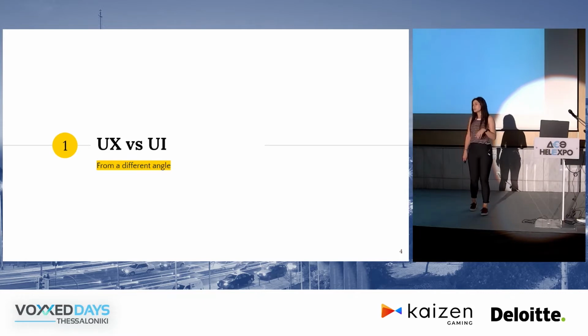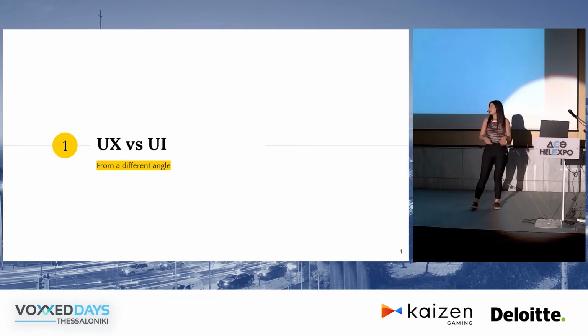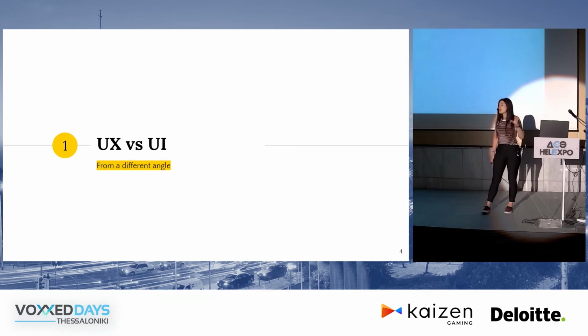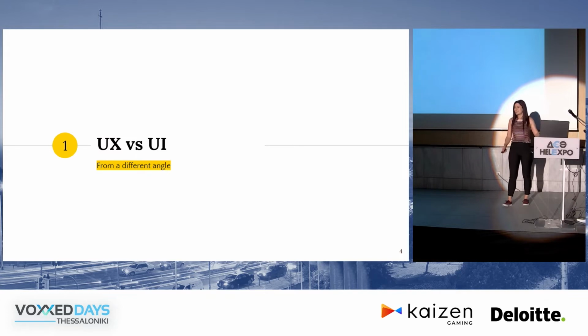But here, we're not only users, we are also developers, maybe designers, and maybe more as well. So we will try to see these two terms from two different perspectives: the perspective of the user, but also the perspective of the developer/designer.